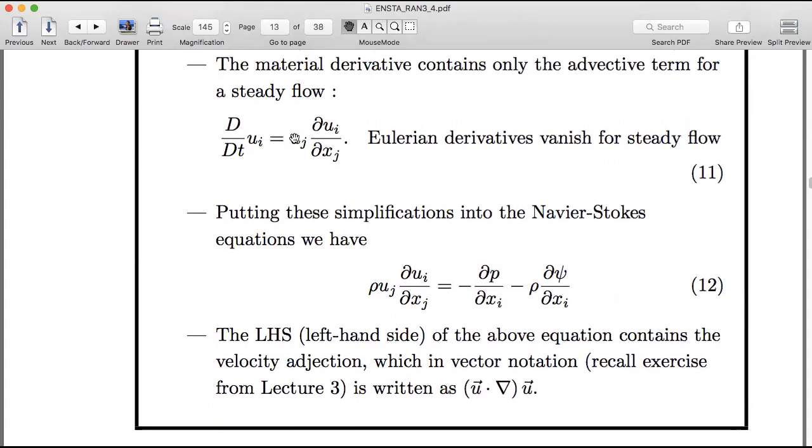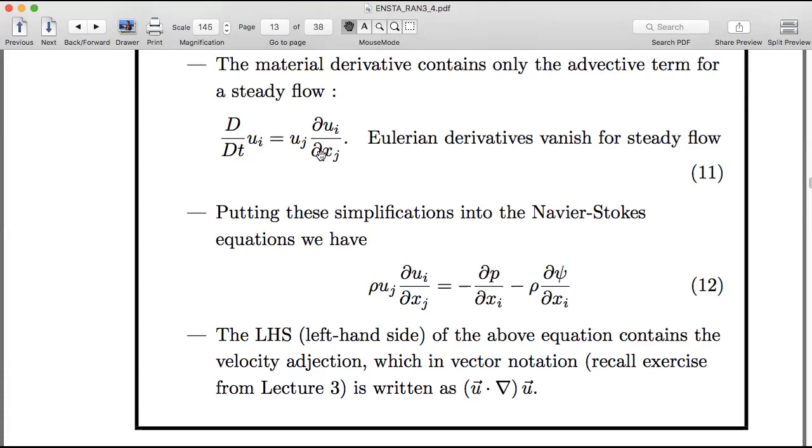Okay, and because we made the stationary flow approximation, there's no Eulerian time derivative of the velocity. It's just 0. So the only non-zero part of the Lagrangian or material time derivative of velocity is the advective term.